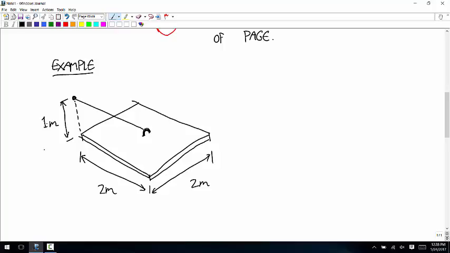And let's use a coordinate system with the x-axis this direction, the y-axis up, and the z-axis like this. So now let's define point A right here. That's going to be our about point.